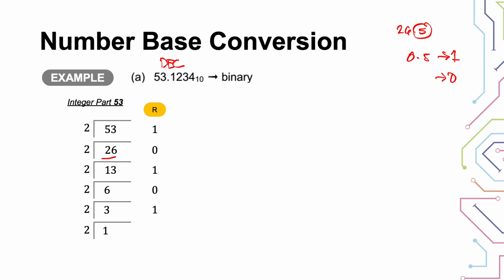And then, we have 1 again. And then, 1 divided by 2, that's 1 because 0.5 yung labas niya. Pero pag ang integer na natin ay naging 0 na, yan, doon na tayo magsa-stop. And then, yung arrangement nito is that the last remainder that you've solved is actually the most significant bit. And then, papunta ng taas, ito yung LSB natin.